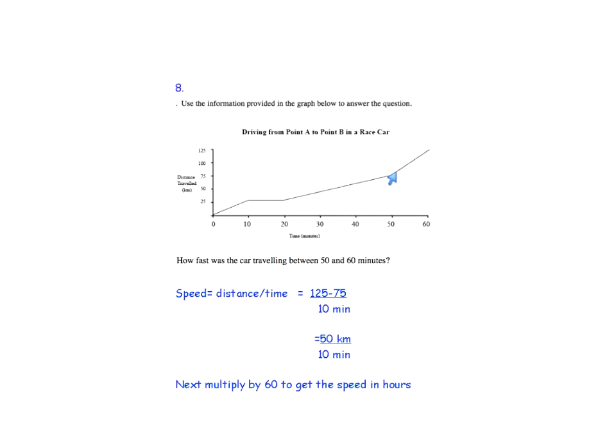You can see this part of the interval, 50 to 60 minutes, goes to 125, this part goes to 75. So the distance traveled between 50 and 60 minutes is 125 minus 75 kilometers. If you do that on your calculator, you'll find that's equal to 50 kilometers.